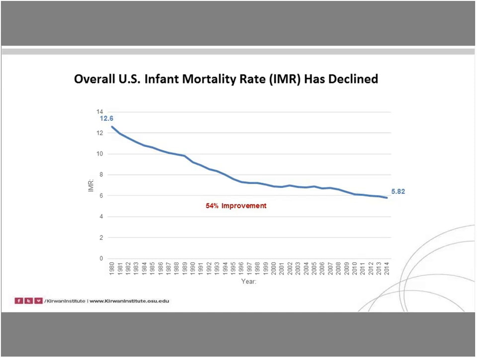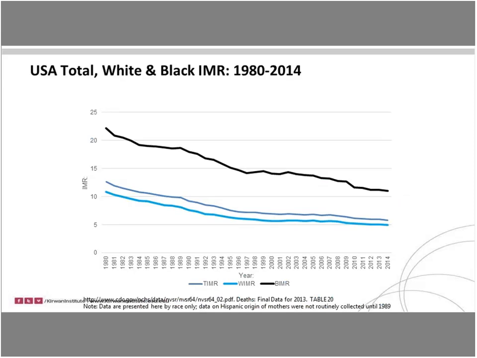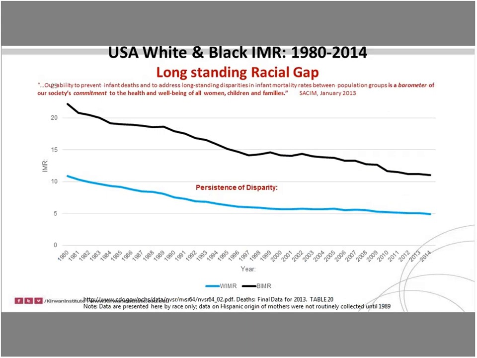Next slide. But let's disaggregate that line by black-white race. So we see in the middle the same line we just looked at on the previous slide. The black infant mortality rate is on the top now, and the white infant mortality rate is on the bottom. Next slide. We see this long-standing gap between black-white disparity.